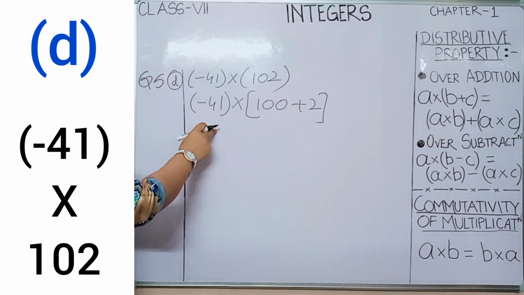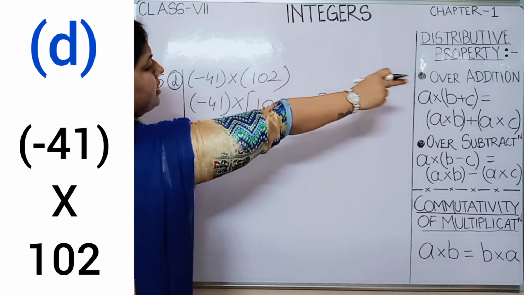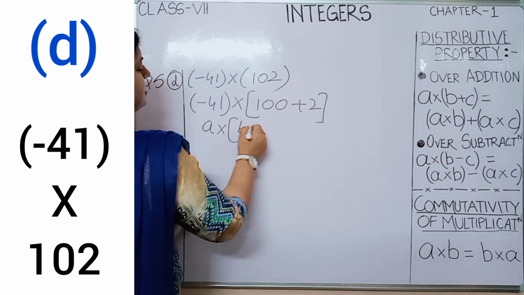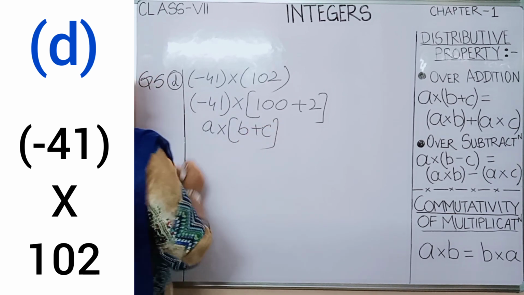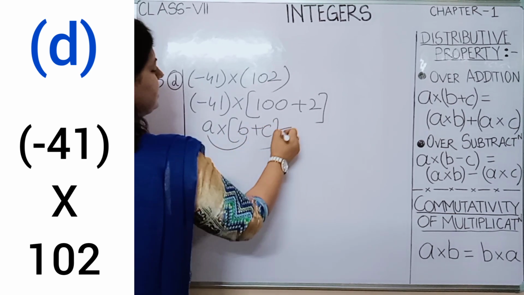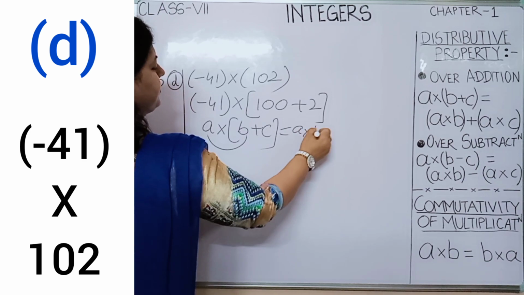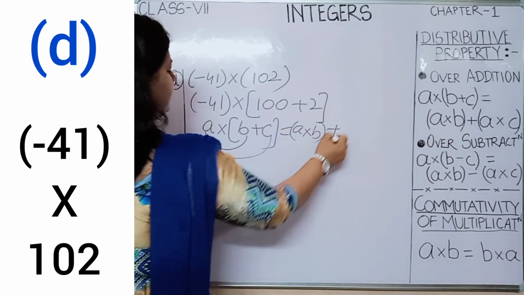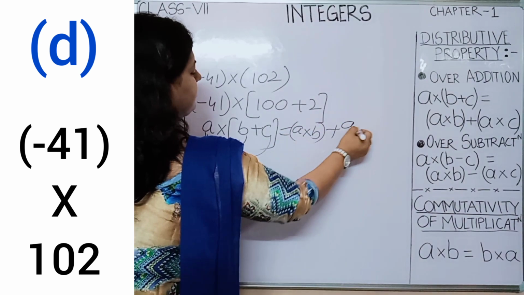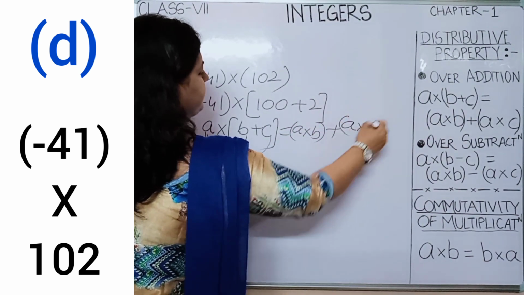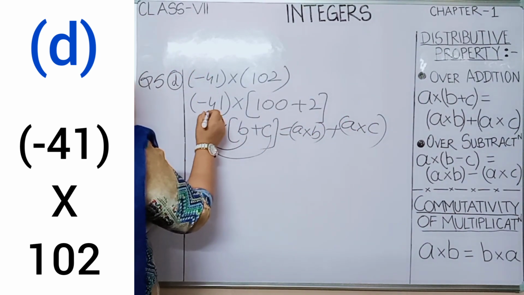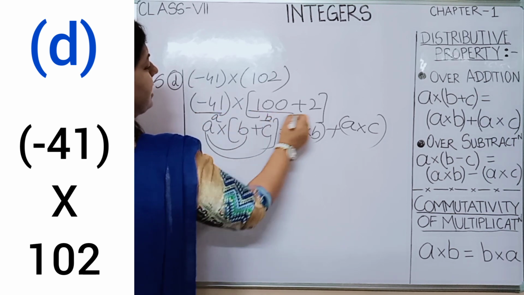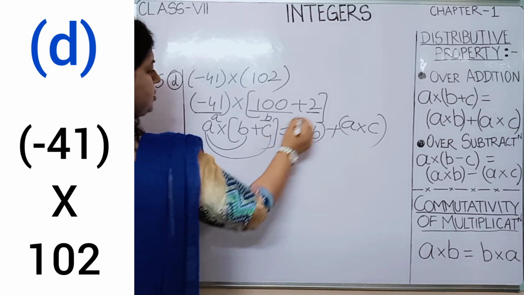Now we can relate this with the distributive property over addition. This is A into B plus C. When we multiply A with B, we get A into B, and then plus A multiplied by C. Now we have minus 41 as A, B is 100 and C is 2.